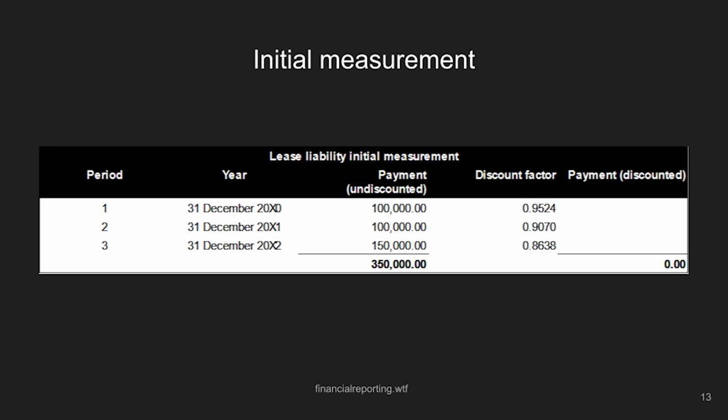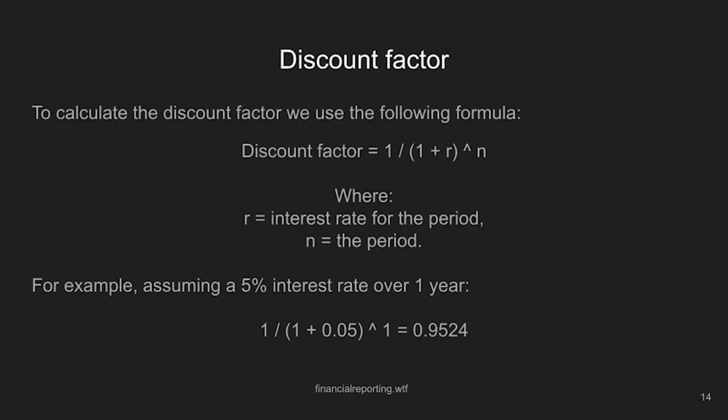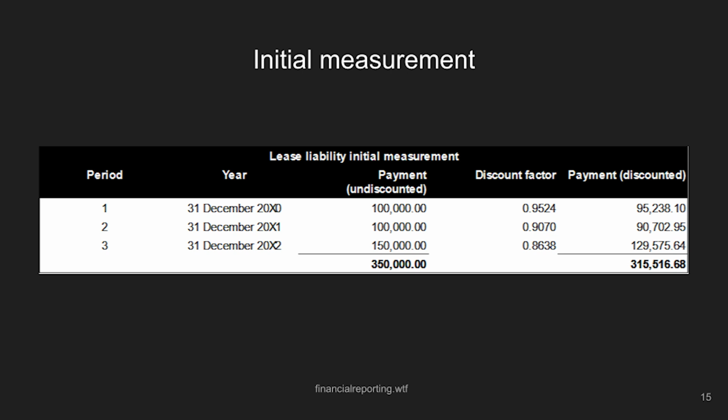We can then calculate our discount factor for each period and populate this in the table. This slide has been included for reference. Please pause to read if you need to, otherwise check out the video on simple leases for more detail. And we can then multiply these through to determine our discounted payments and total them to arrive at our lease liability.